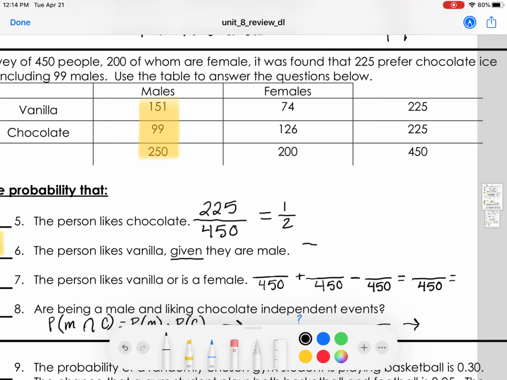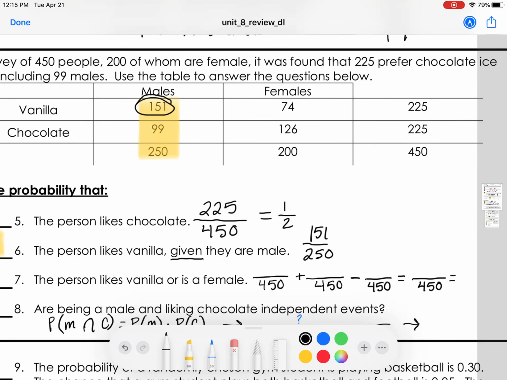So my denominator would be 250. Now, of those 250 males, how many can be selected that like vanilla? Well, I go up here and look at how many are in the highlighted column that like vanilla, and that would be 151 out of 250. Now, that does not simplify, and so that would be my final answer.